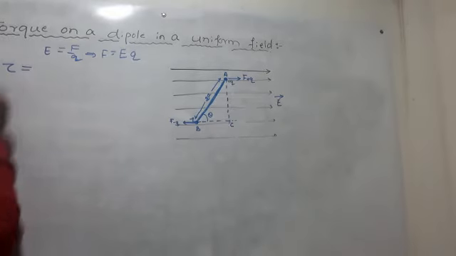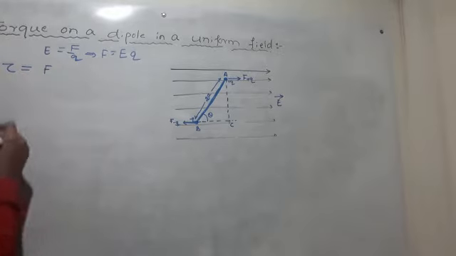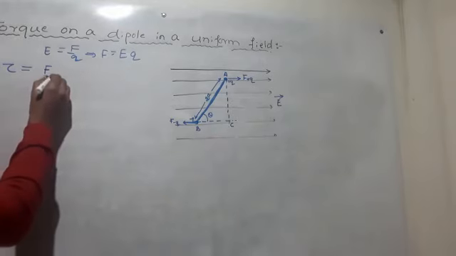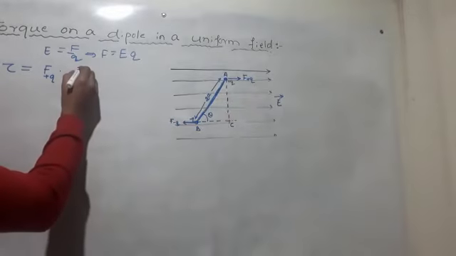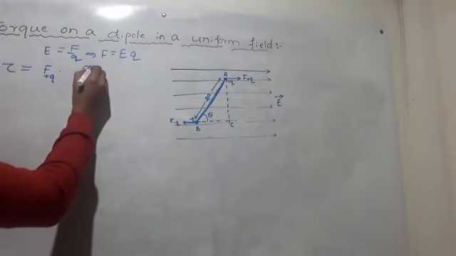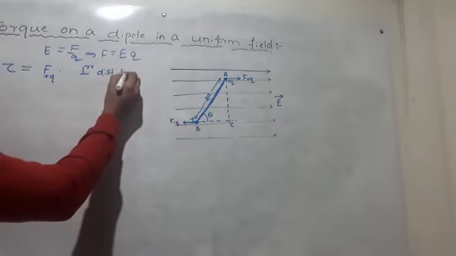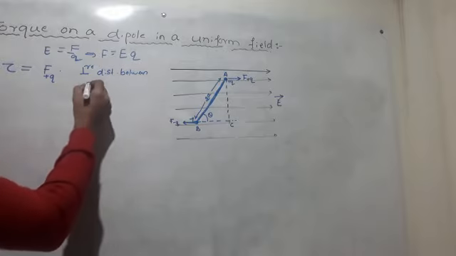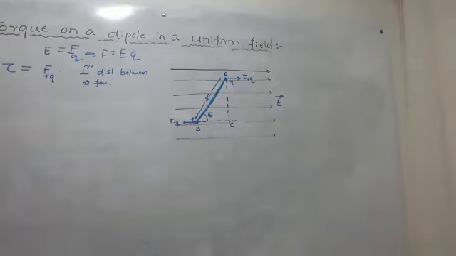The magnitude of the torque is given by the magnitude of any one of the forces, I will take this one as F plus Q, into the perpendicular distance between the two forces.